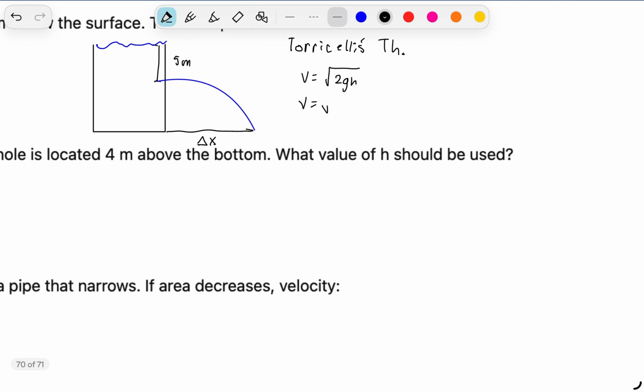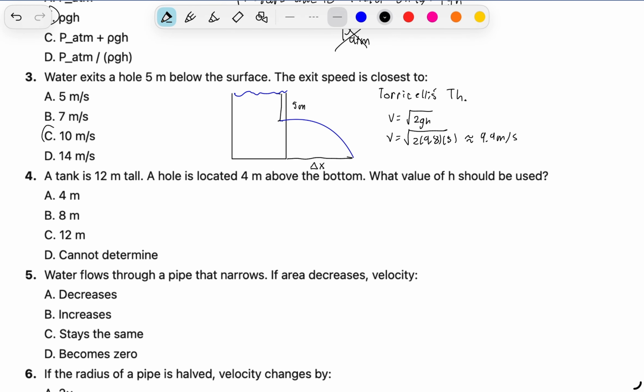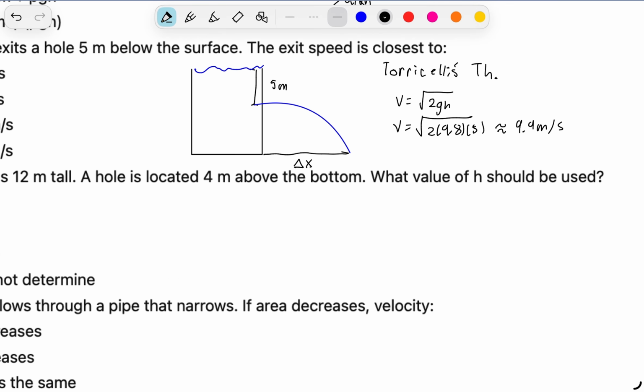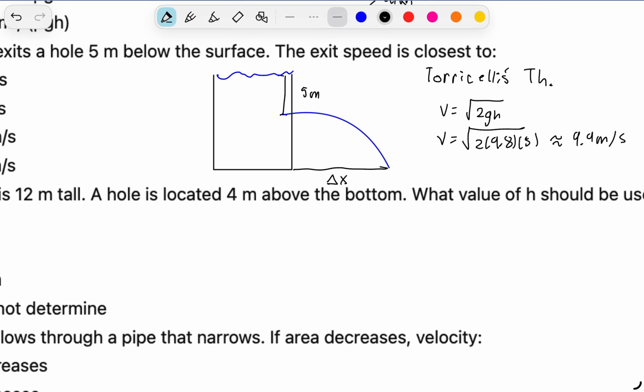And plugging this in, we have the root of 2 times 9.8 times 5, which is approximately 9.9 meters per second. So your answer for this is going to be basically 10. The fluid is going to behave like it fell 5 meters under gravity, which is why we get that speed near 10 meters per second.